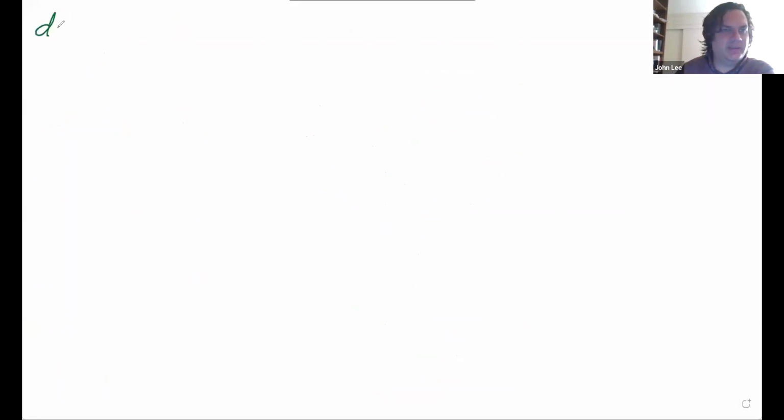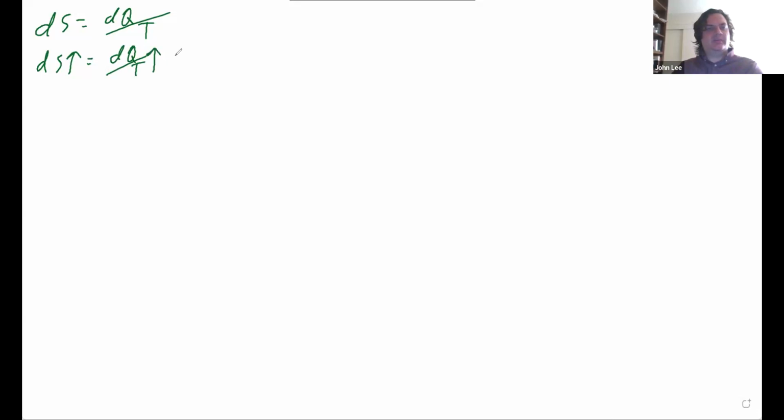But entropy is defined by dS equals dQ over T. And entropy in the universe is always going up, which means that as entropy in the universe is going up and there can be no change in dQ over the course of the universe, then temperature has to be going down in order for dQ over T to be going up.